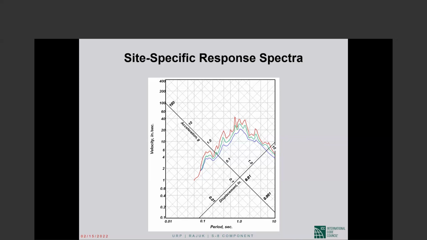If you hit the structure with another ground motion and look at the spectrum, there will be peaks and valleys, but at different locations, at different periods.